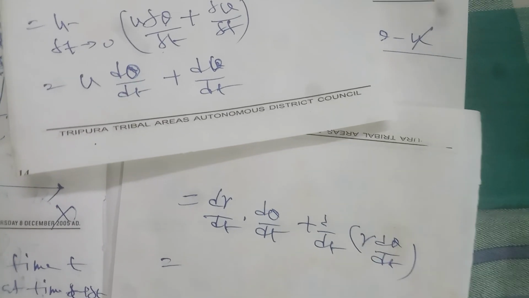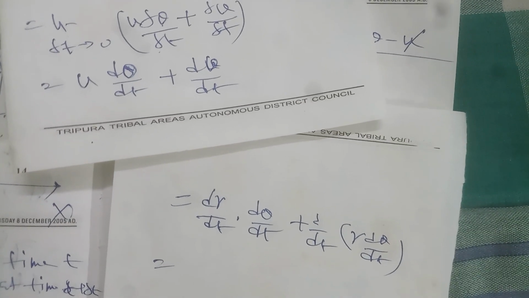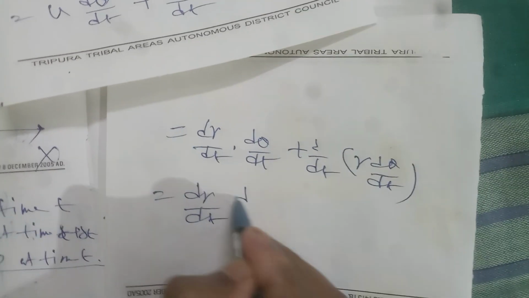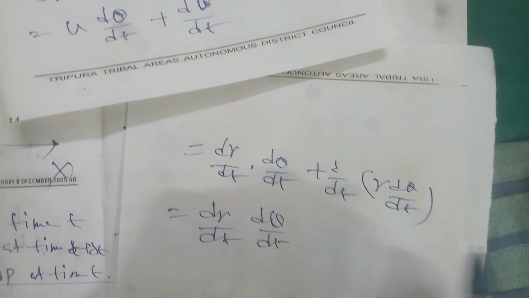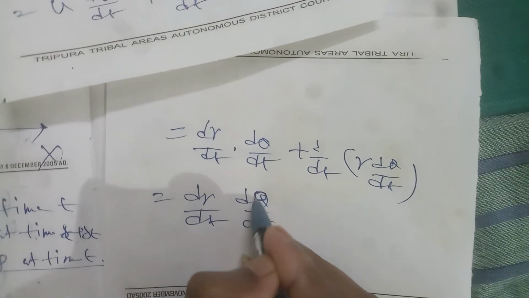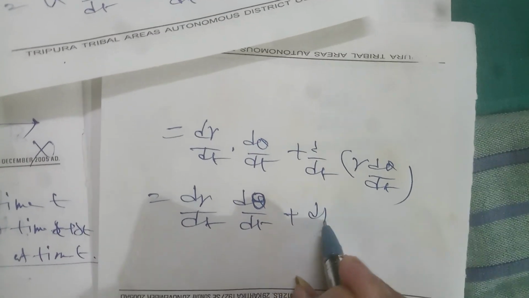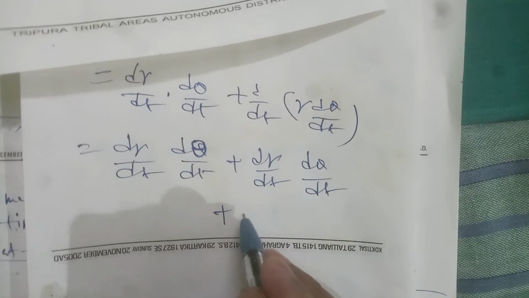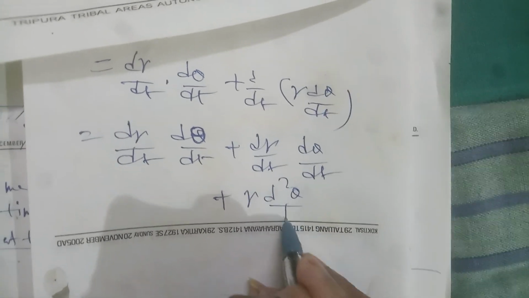I have to simplify this. So dr by dt into d theta by dt, plus the derivative of the product, dr by dt into d theta by dt plus r d2 theta by dt2.